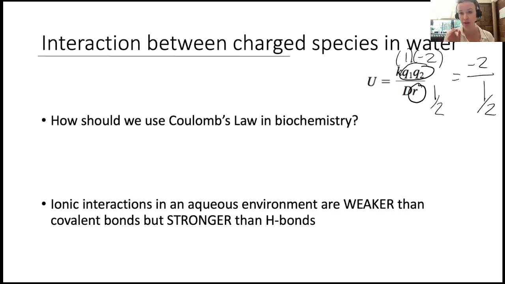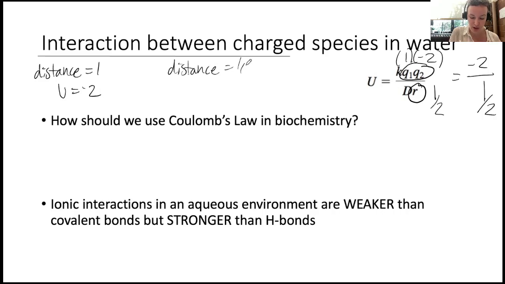So if the denominator is larger, if the distance is larger, you'll see that the value of this equation is smaller, right? When the distance was 1, U equaled -2. When the distance was 1/2, U was -4.